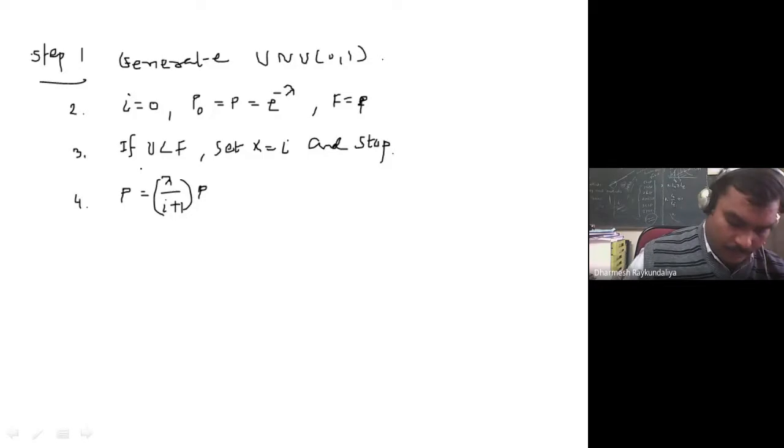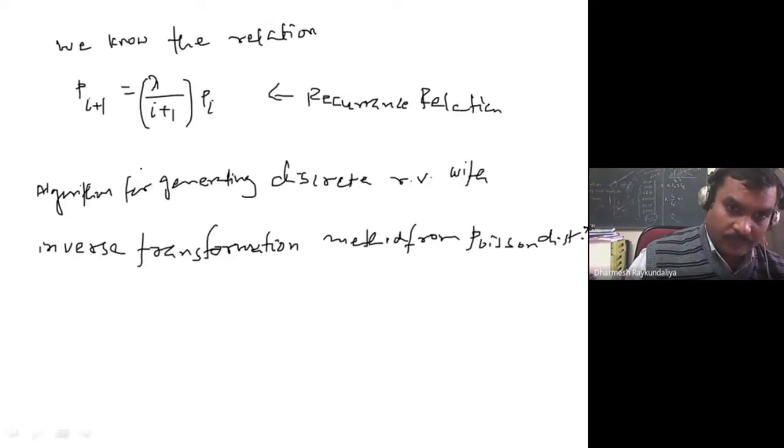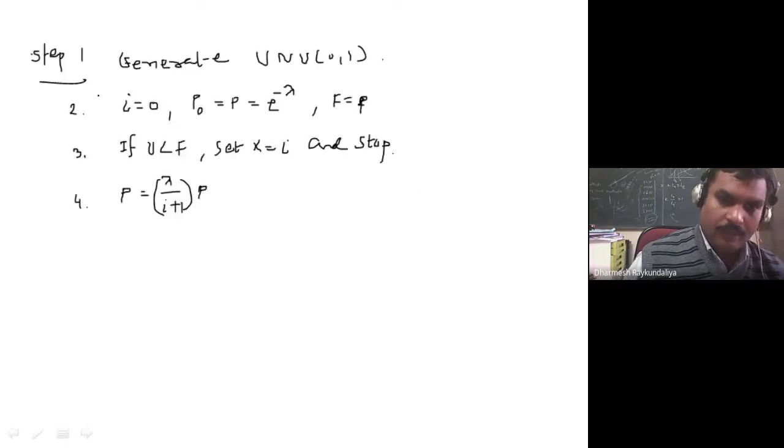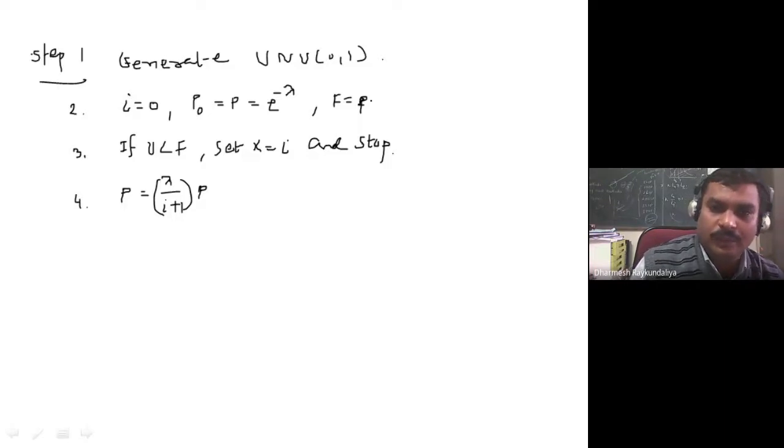So the recurrence relation is what I say: I have said it is p. Now lambda upon I plus 1. Now I am again assigning it to the variable p. I am not writing it as a formula because I am writing an algorithm. So I have multiplied lambda upon I plus 1 into the p which we calculated earlier, and then I am assigning it back as p.